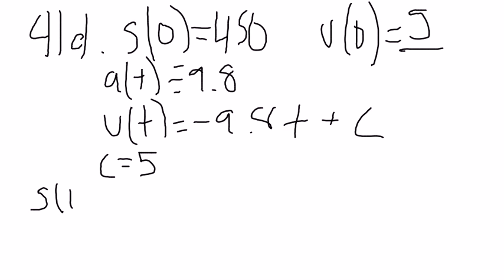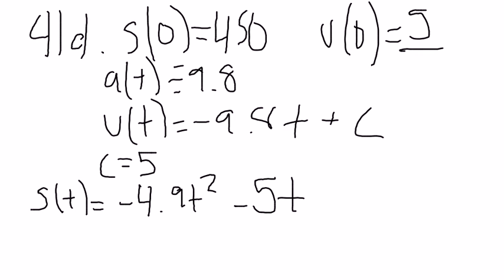So S of t is still negative 4.9 t squared, like we figured out in the last one, minus 5t, because c is equal to 5, and then plus our arbitrary value d. And since S of 0 is 450, d would be equal to 450, so plus 450.